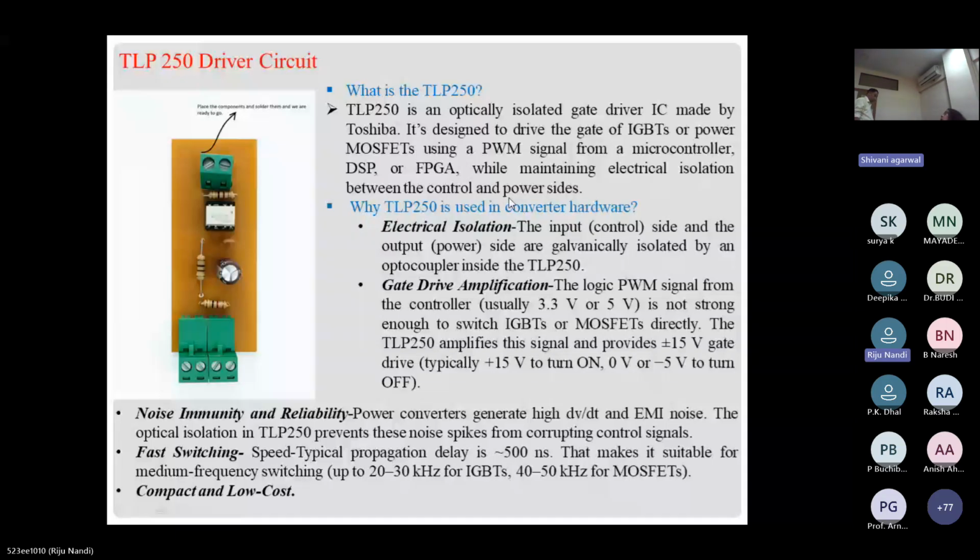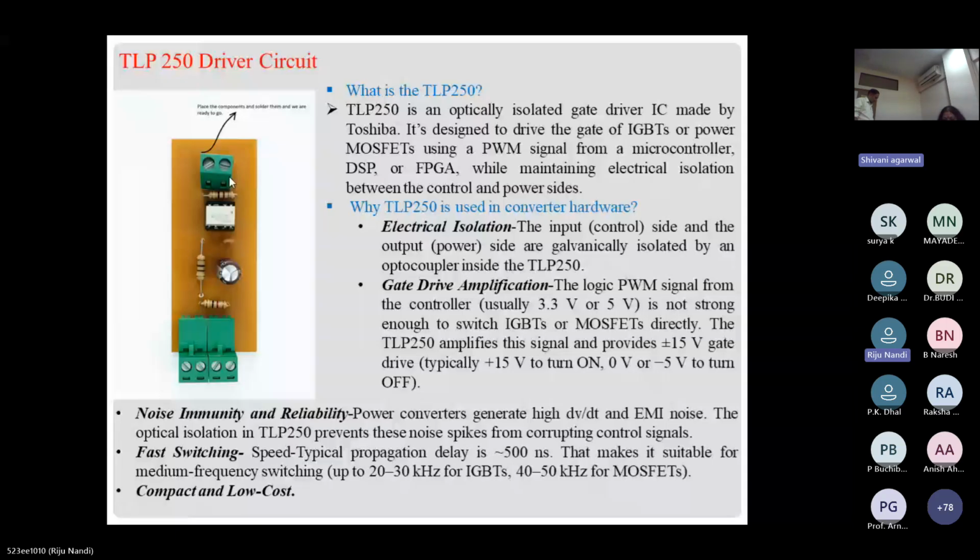Why is the TLV250 used for converter hardware? Electrical isolation: the input control side and the output side are galvanically isolated by an optocoupler inside the TLV250. Also gate driver amplification. The logic PWM signal from the controller is usually 3.3 or 5 volt.